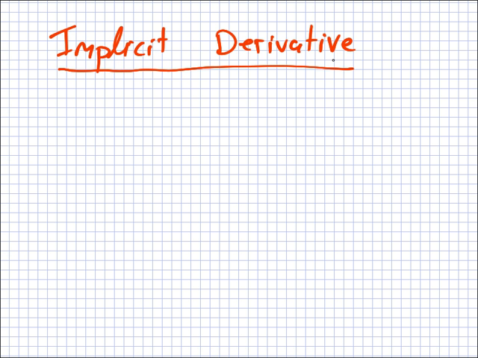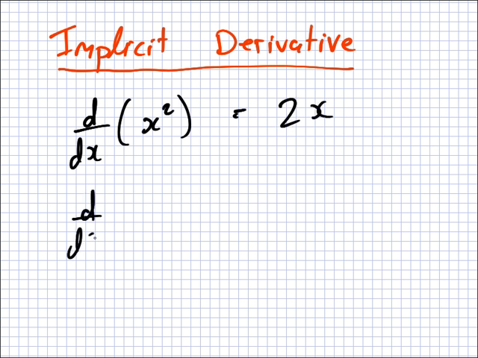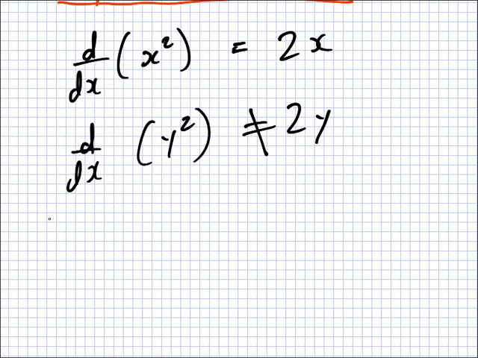Here's the problem. We know, for example, the derivative of x squared is equal to 2x. But the derivative of y squared is not equal to 2y. I'll give you an example. Let's say that y equals 2x cubed.